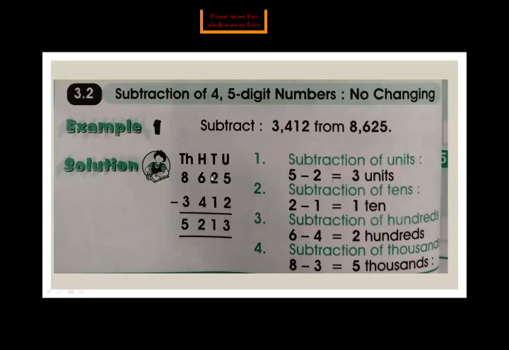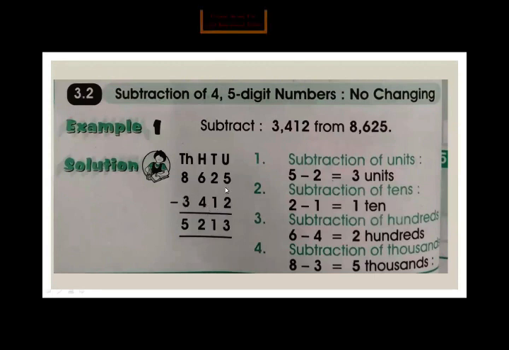Okay. 4-digit subtraction means subtraction up to 1,000. Here you see number 3,412 subtracted from 8,625. First of all, you write 8,625, then 3,412.